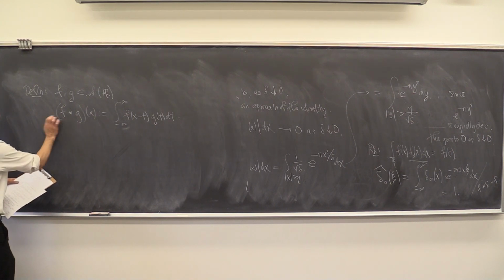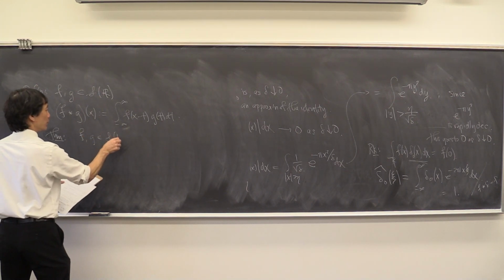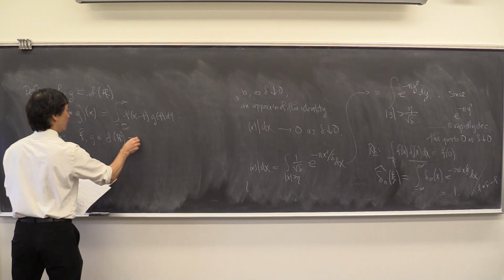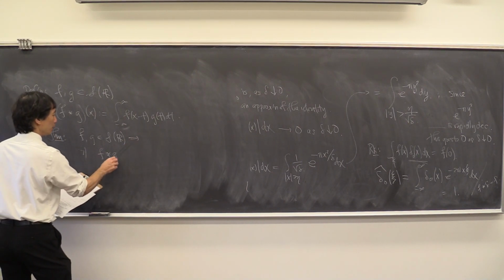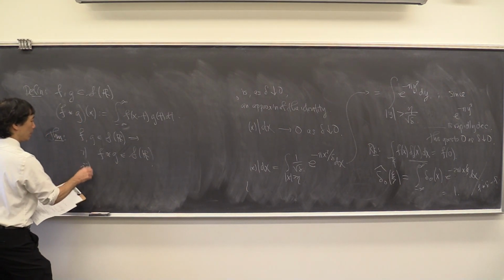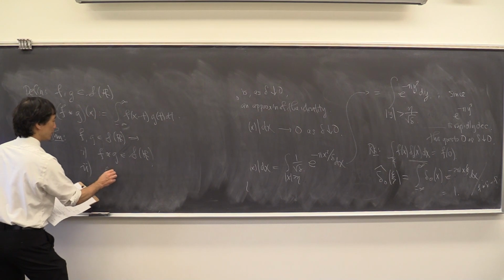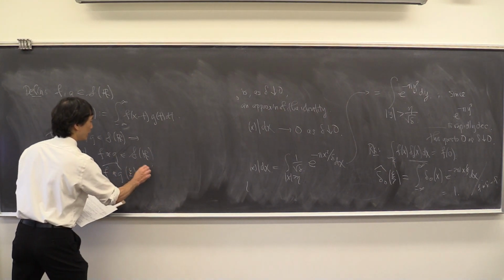I'm going to let you read this stuff yourself. If f and g are in the Schwartz class, then the convolution is still in the Schwartz class, and the Fourier transform of the convolution is the product of the Fourier transforms.